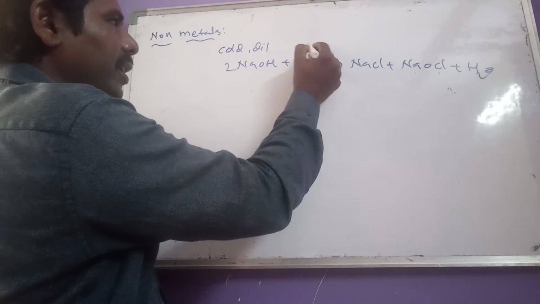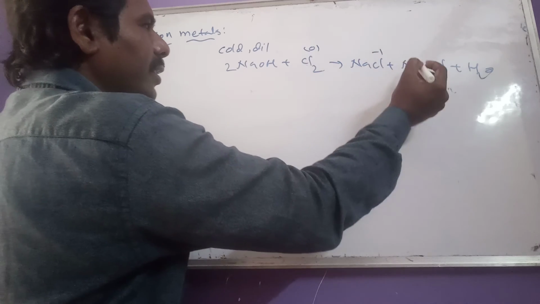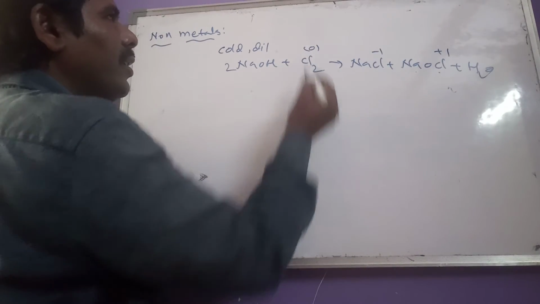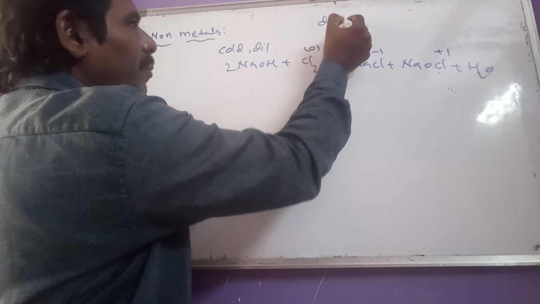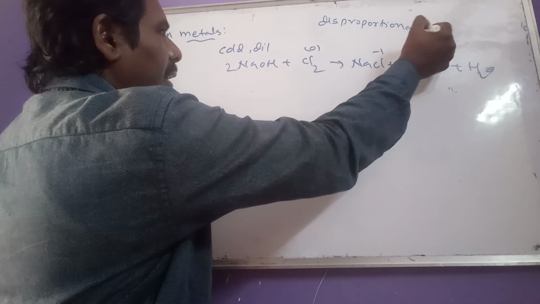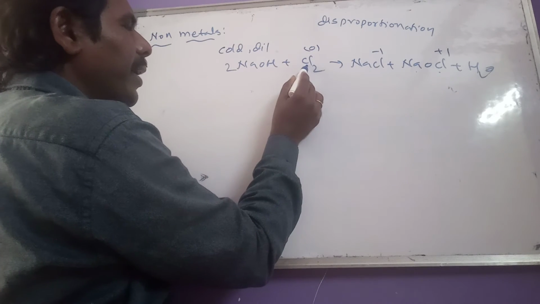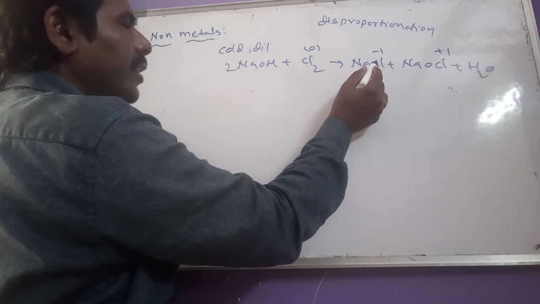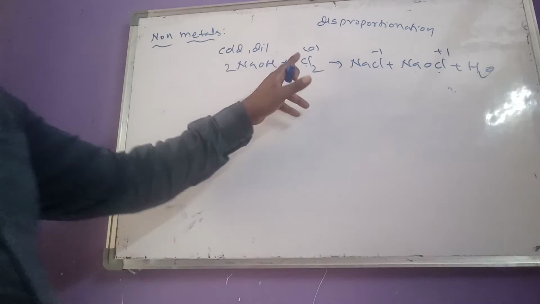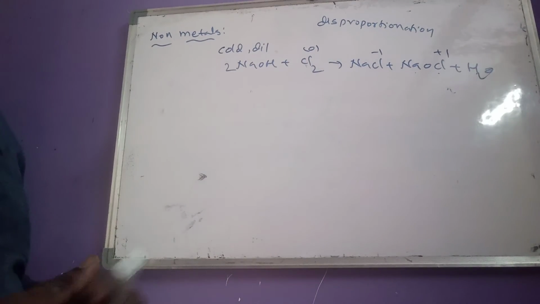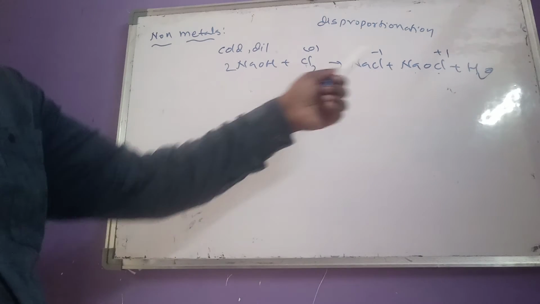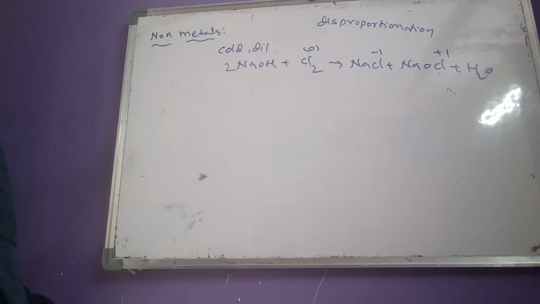In this reaction, the oxidation state of chlorine changes from 0 to -1 and 0 to +1. So this reaction is an example of a disproportionation reaction, because for the same element we observe a change in oxidation number. That means it undergoes both oxidation and reduction. If the same element undergoes both oxidation and reduction, it is said to be a disproportionation reaction.